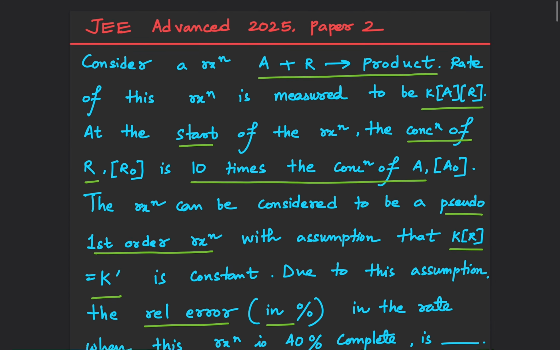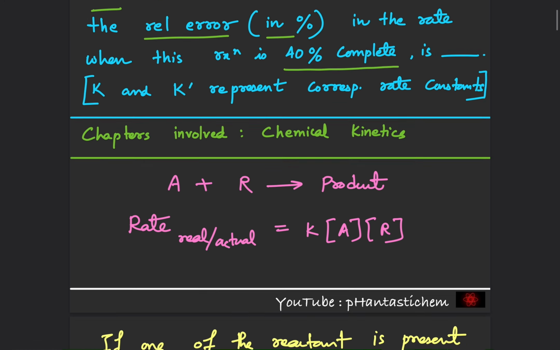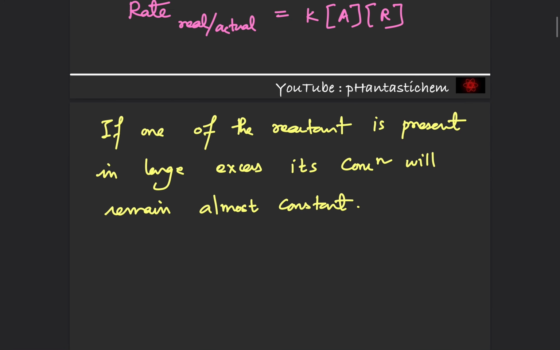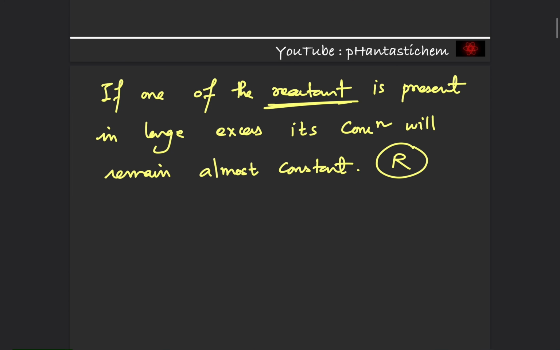It is given to us. Okay. So it is given that the concentration of R is 10 times the concentration of A. So therefore, the reactant which is present in large excess in our question is R. Okay. So in that case, the rate of reaction will depend upon the concentration of the reactant which is present in smaller amount. Okay.